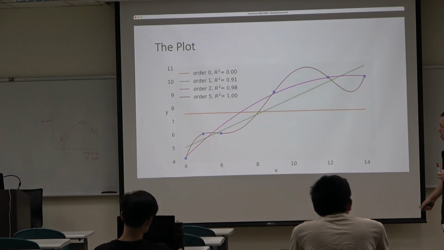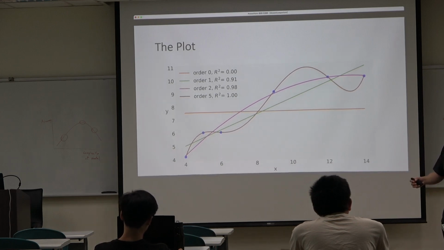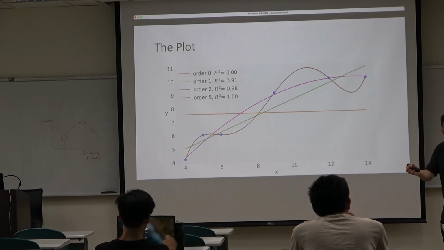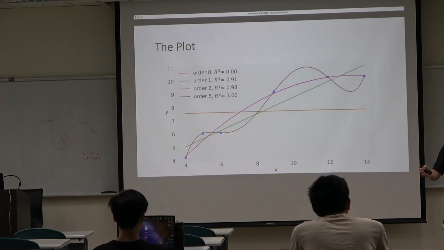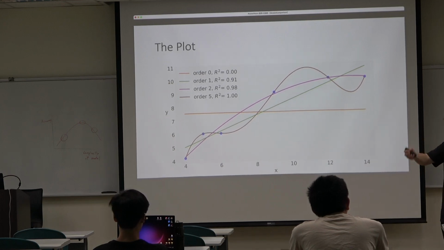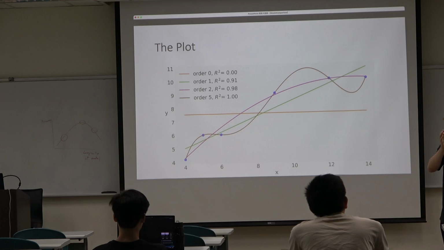Because you train the model on a certain data set, but eventually the model is going to be used for prediction, which means you are using it for data points that are not seen in the training data set.